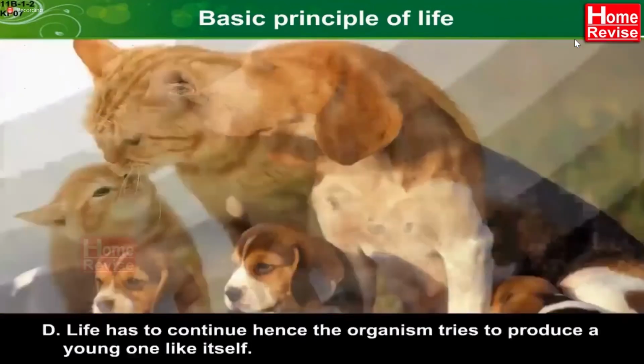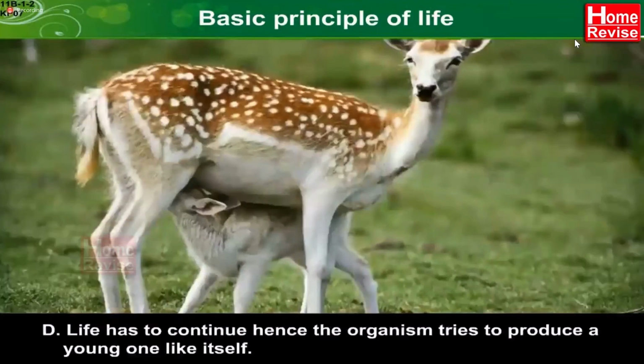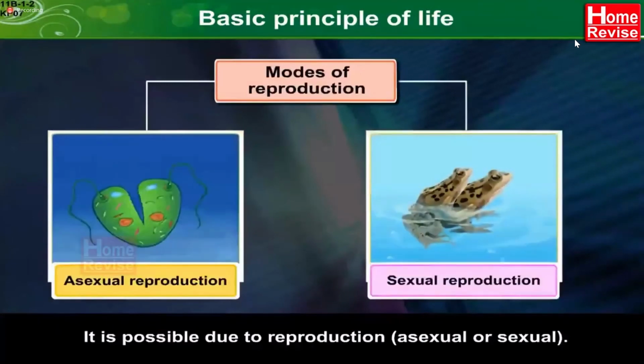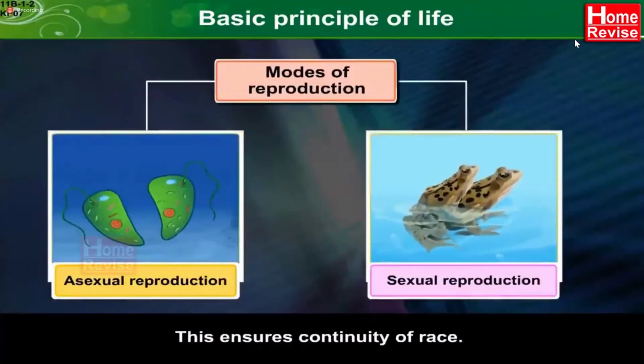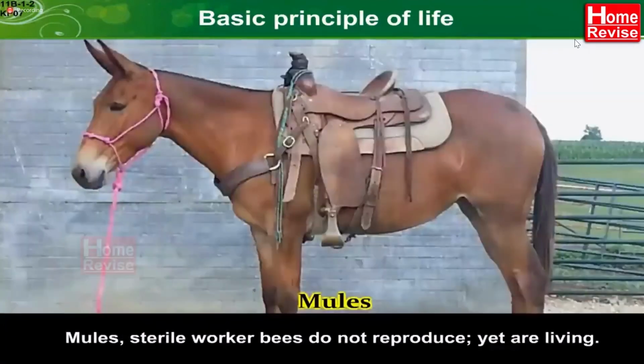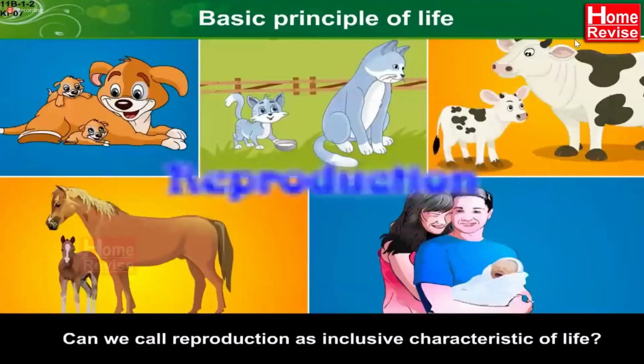D. Life has to continue, hence the organism tries to produce a young one like itself. It is possible due to reproduction, asexual or sexual. This ensures continuity of race. Mules, sterile worker bees do not reproduce yet are living.